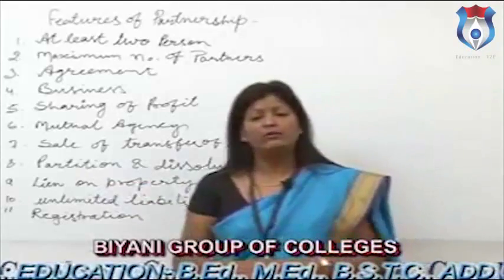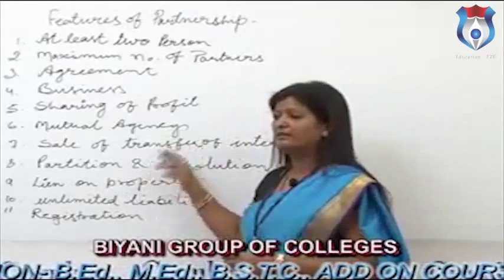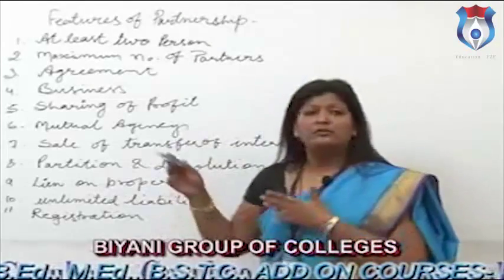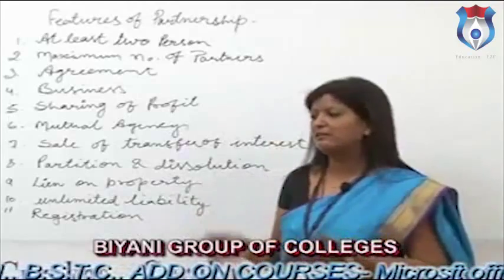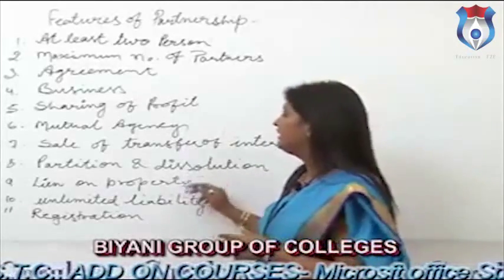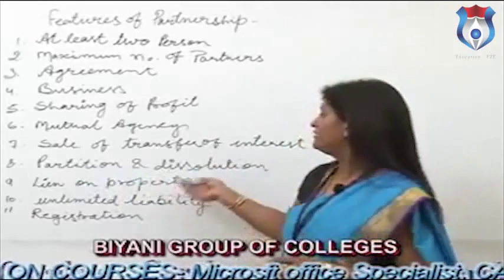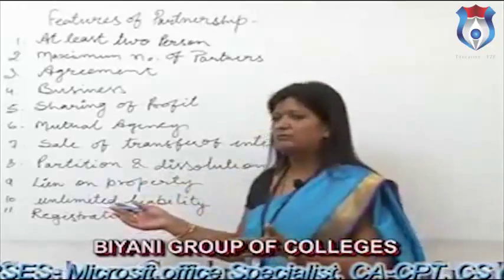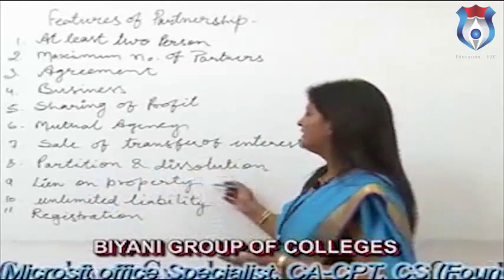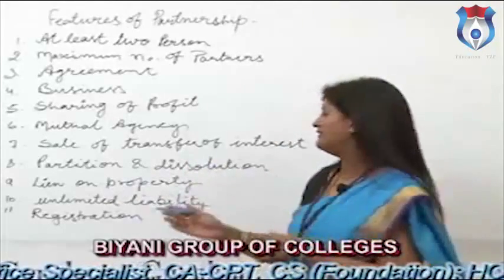If the partner is working on behalf of the firm, then for whatever work he has done, he has a lien on property. Whenever the partnership firm is dissolving or in the winding up process, the partner can ask for the property up to the limit of his expenses.